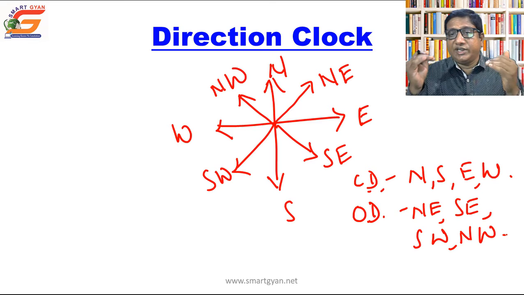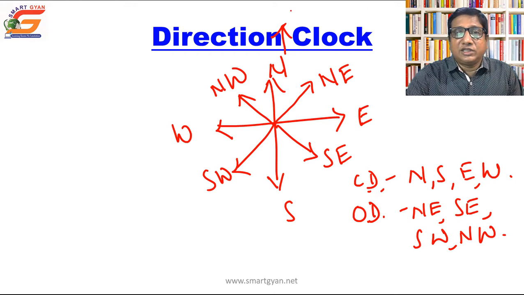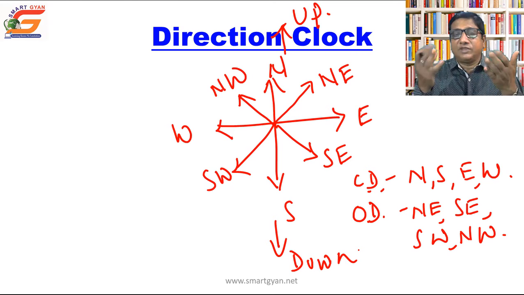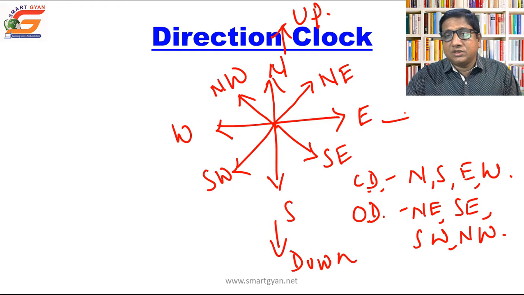Besides these 8 directions, we also use 4 more directions for this purpose, that is top of the clock is up, and bottom side is down. When one is moving, then we call move upward or move downward. This way also we relate it. And then comes right side, that is we use right hand side.